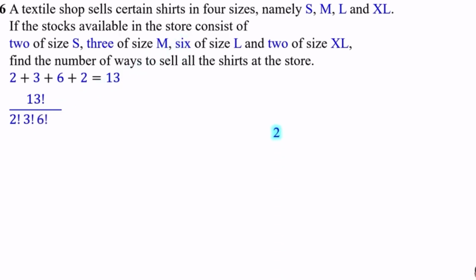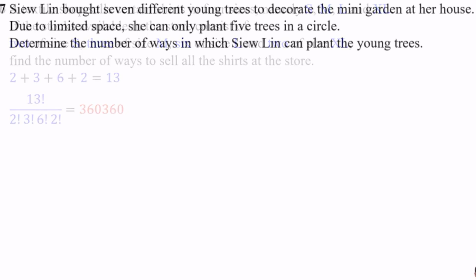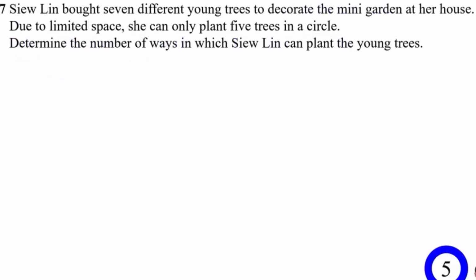And then we have 6 size L, so we divide by 6 factorial. And finally, we divide by 2 factorial. So the answer is 360, 360. So this is the number of ways for selling the shirts of the different sizes. Okay, so this is quite simple. So remember, you have to divide by identical objects.